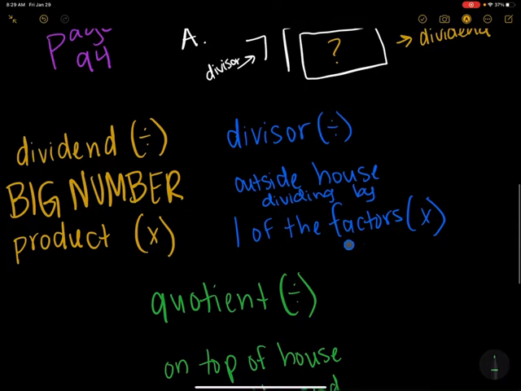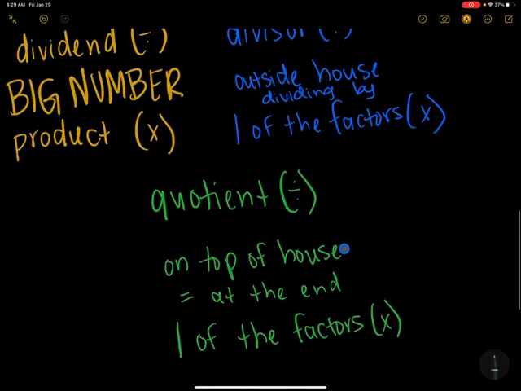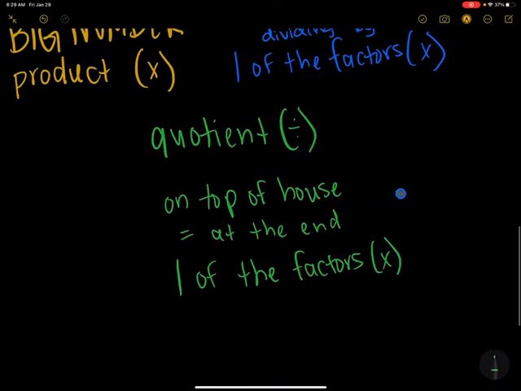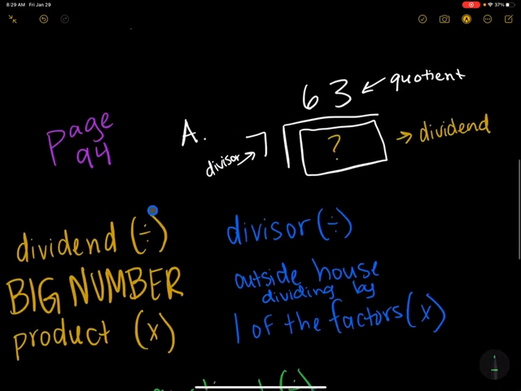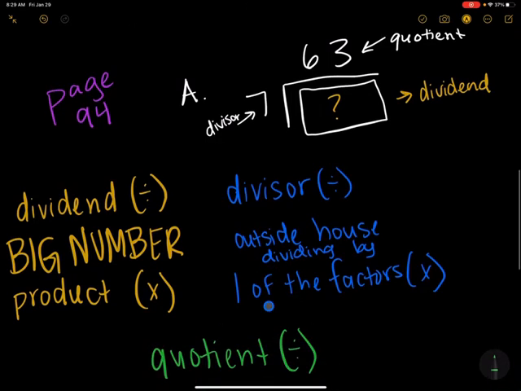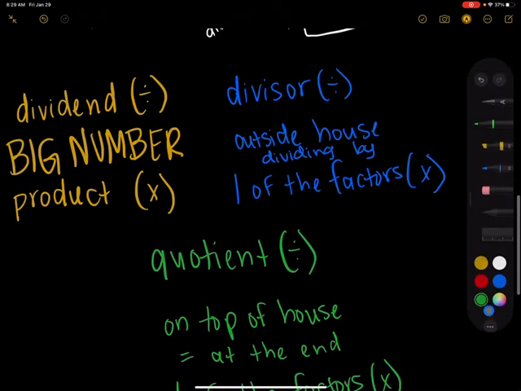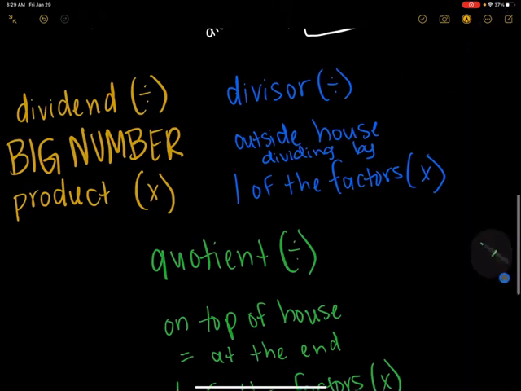So let's set this up. If we know that the divisor is one of the factors, and the quotient is one of the factors, and that's going to give us the dividend, which is our product, we can say quotient times divisor, or you could do divisor times the quotient.